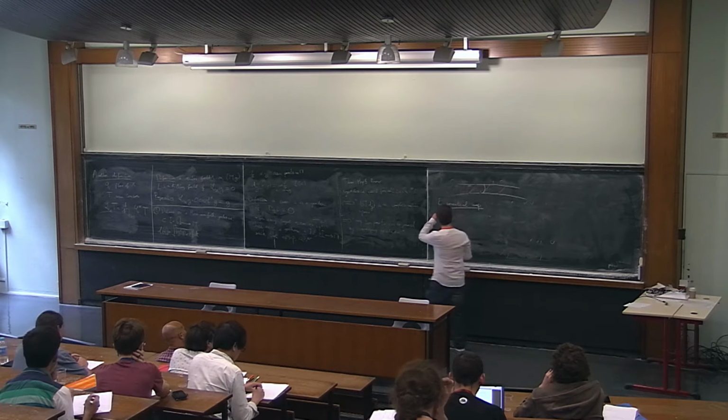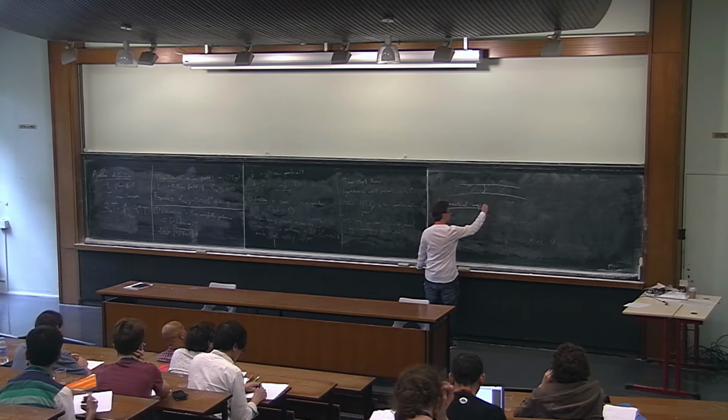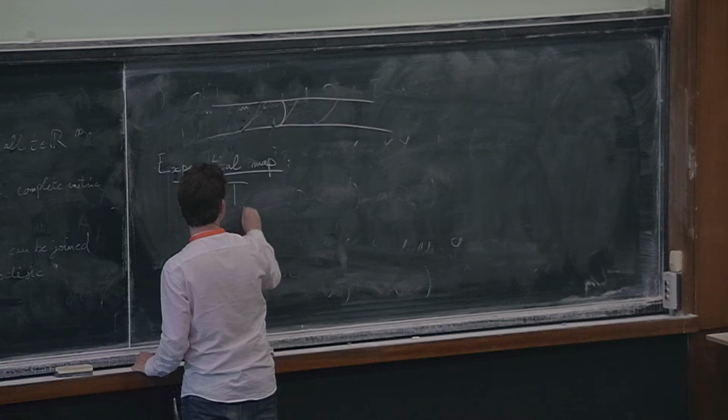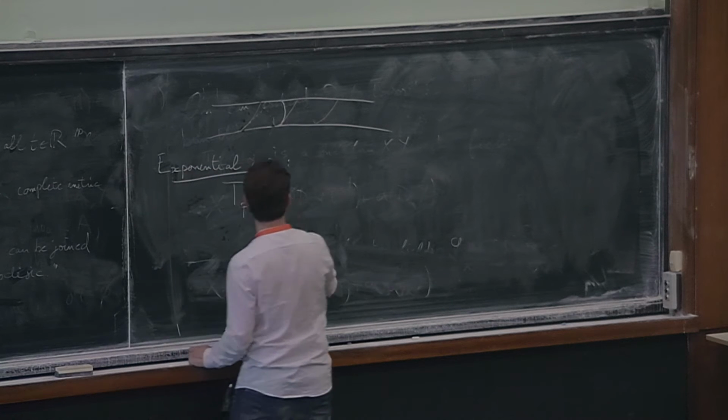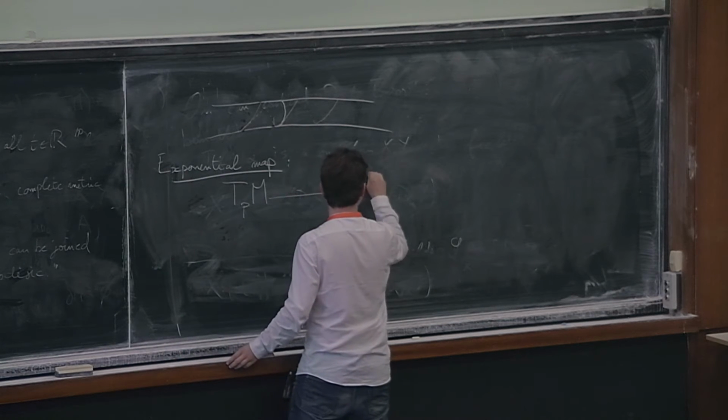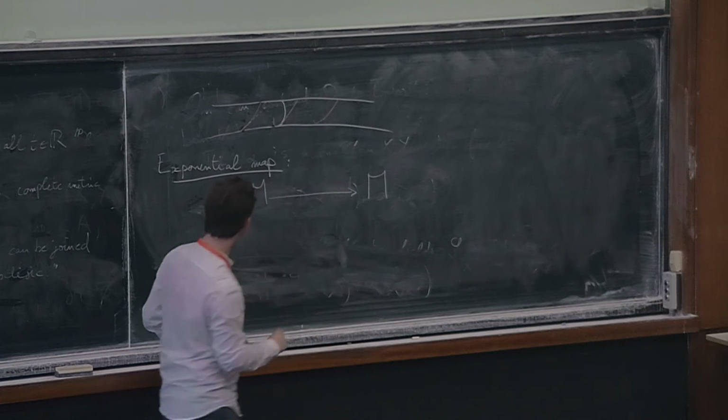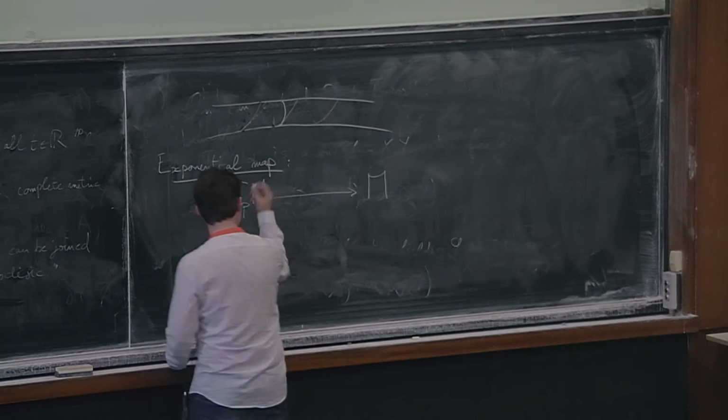So more formally, it's a map which goes from T_P M to M, and which does the following.